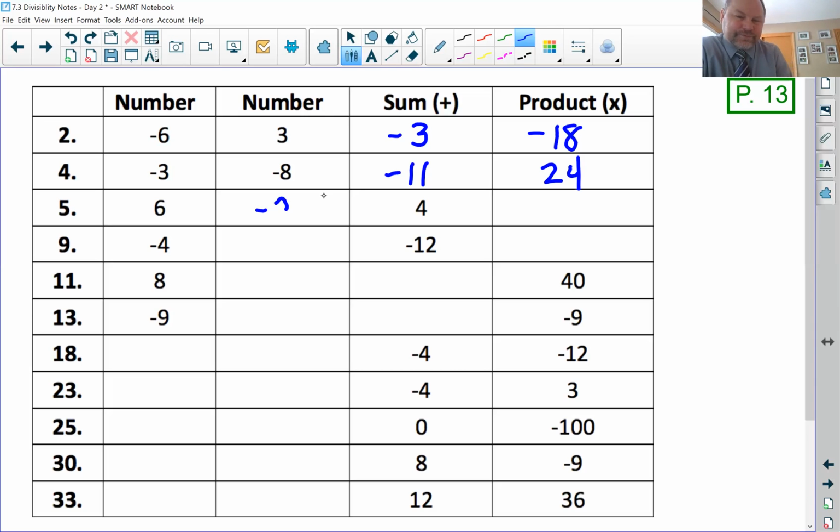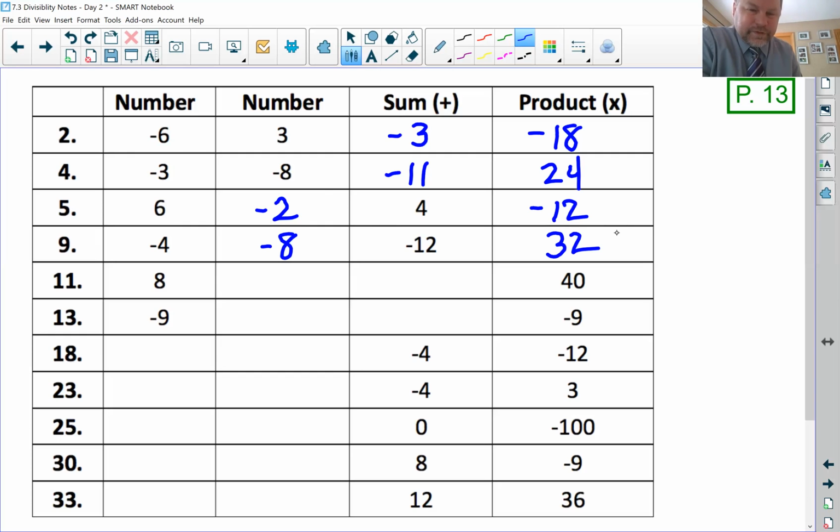So -2. Now, once I have the number, I can say 6 times -2, that's -12. What do I add to -4 to get -12? -8. And if I multiply those two, I get +32.